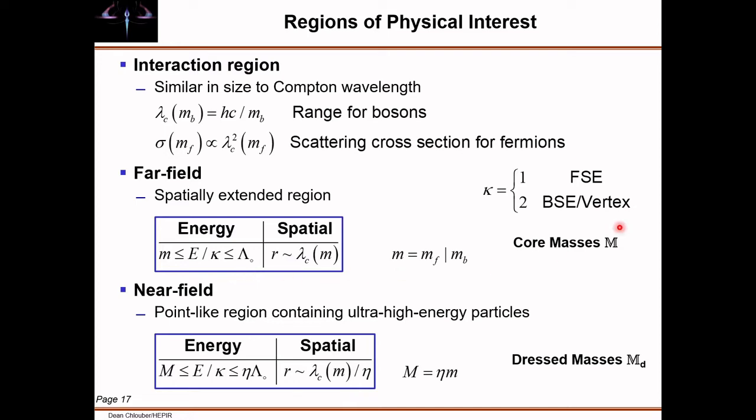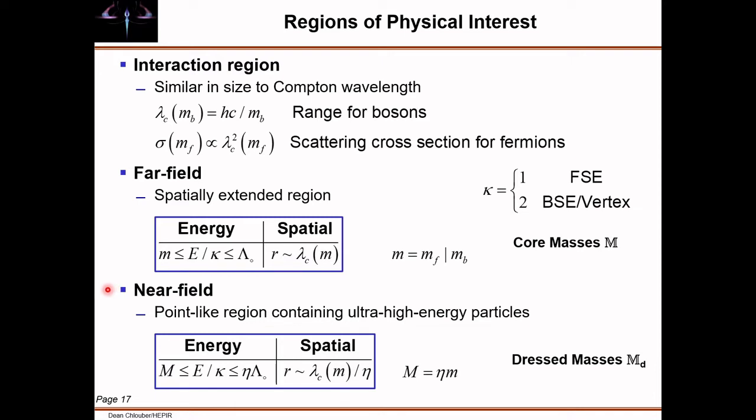For BSE or vertex processes, kappa is 2, and the energy limits are just doubled. And these details follow from integral expressions for the scattering amplitudes.